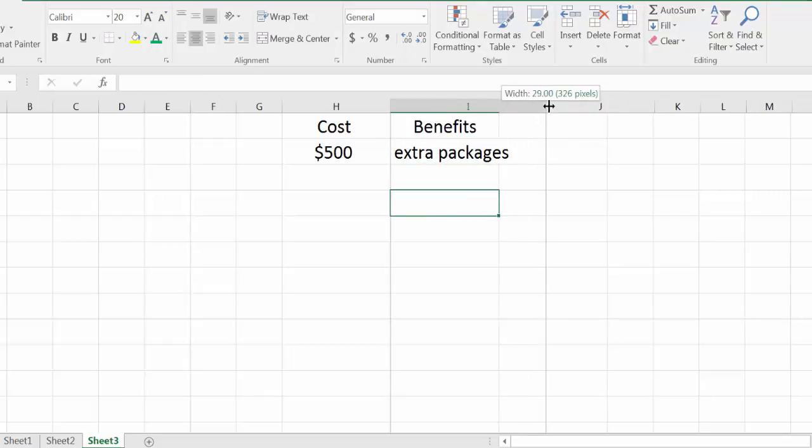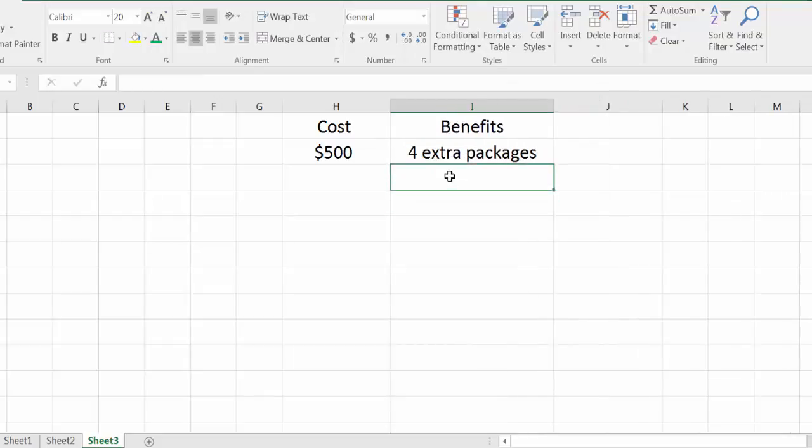Let me make this wider. So 4 extra packages mean how much money? This is something we really care about, because if we know the amount of extra profits, we might be able to make a decision. If the extra profit by selling 4 extra packages is available, then we can compare that with 500, then to decide.